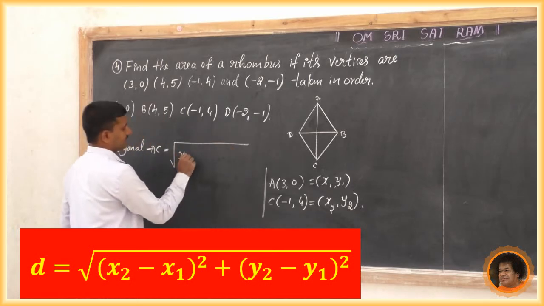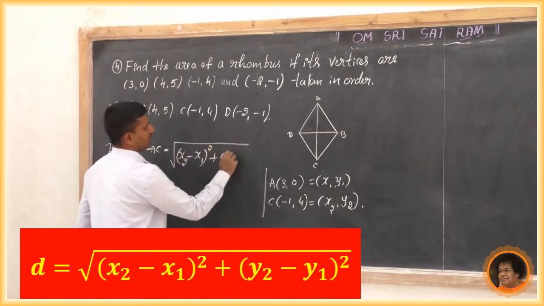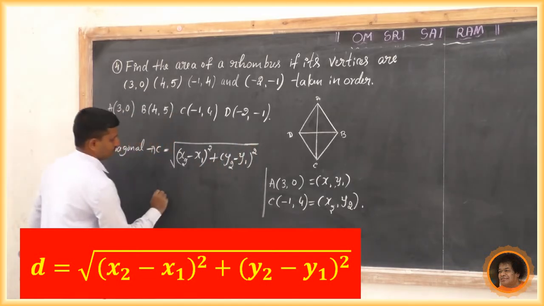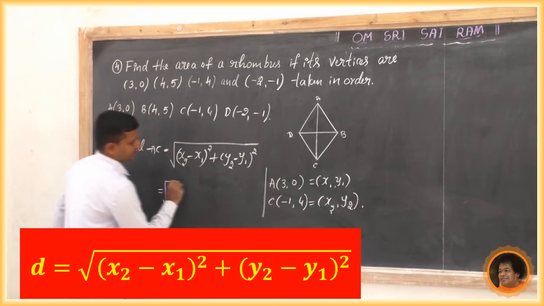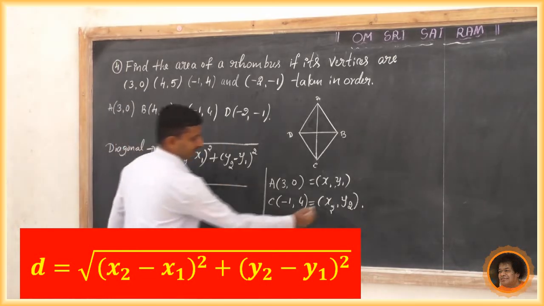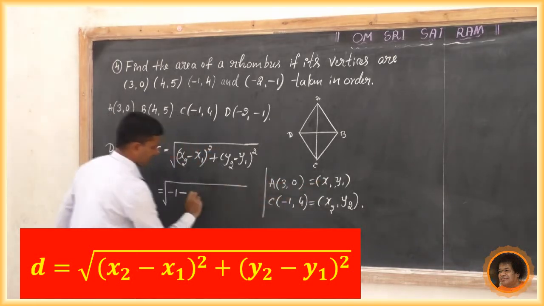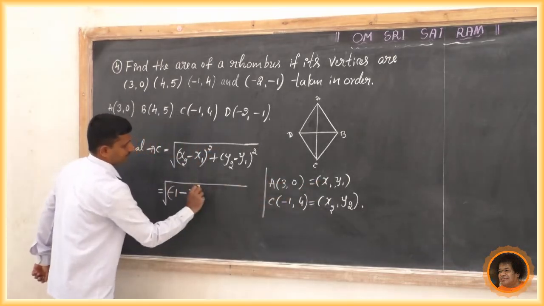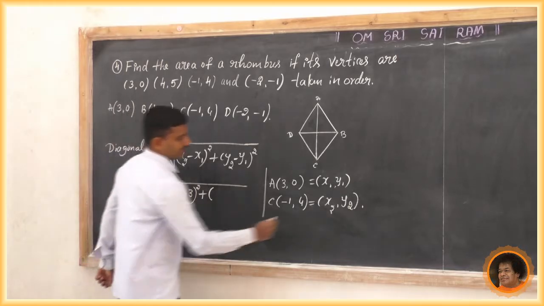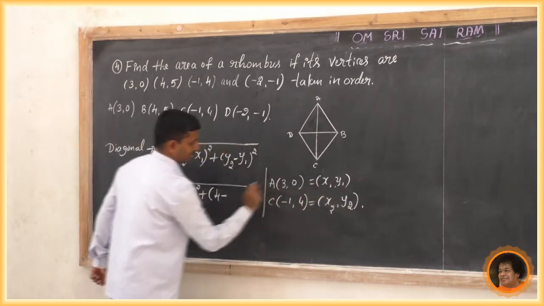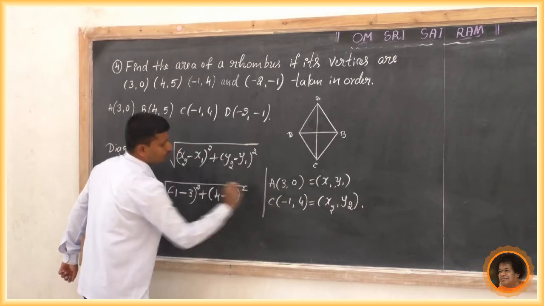So what is the distance formula? Square root of (x2 minus x1) whole square plus (y2 minus y1) whole square. Here the x2 value is minus 1, minus the x1 value 3, whole square, plus y2, which is 4, minus y1, which is 0, whole square.